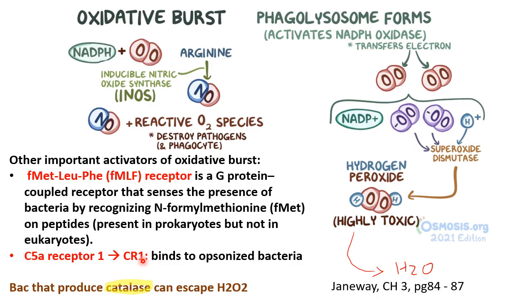C5a is from your own complement system and binds to CR1, but it's only going to bind if it is close to a pathogen that has been attacked by the complement system. C5a connecting to this complement receptor 1 also activates this oxidative burst.